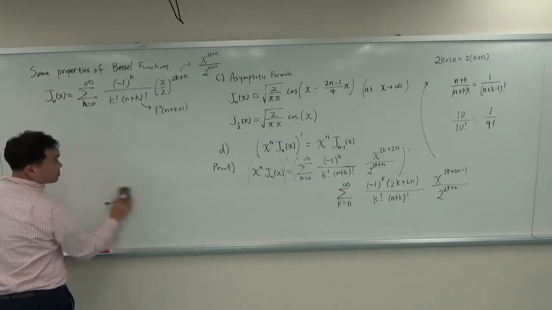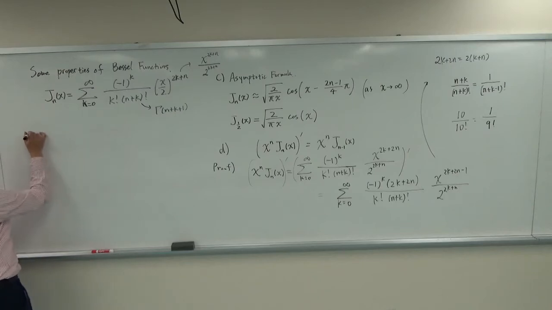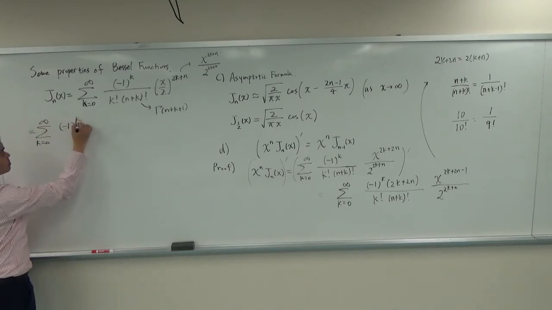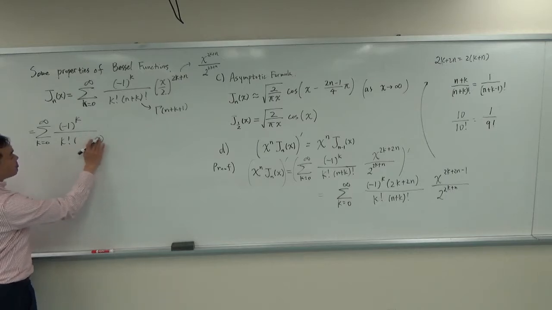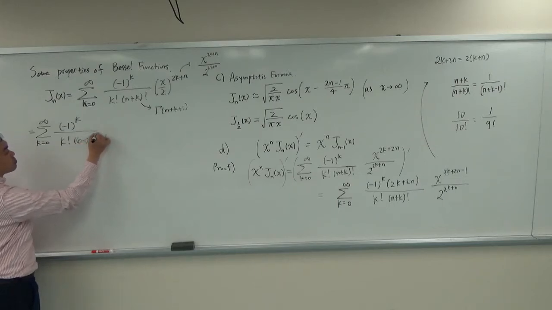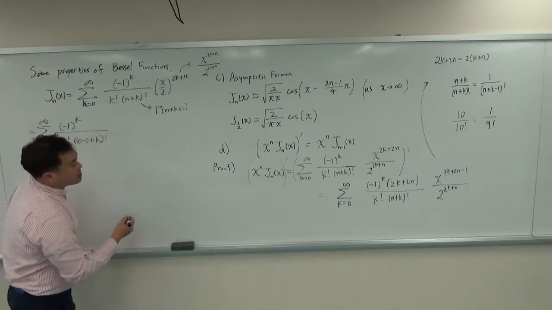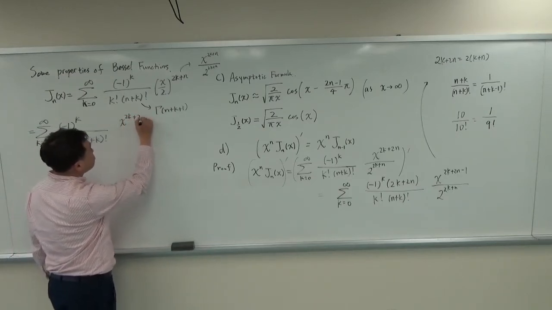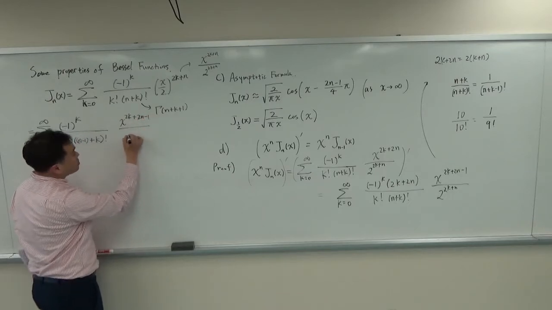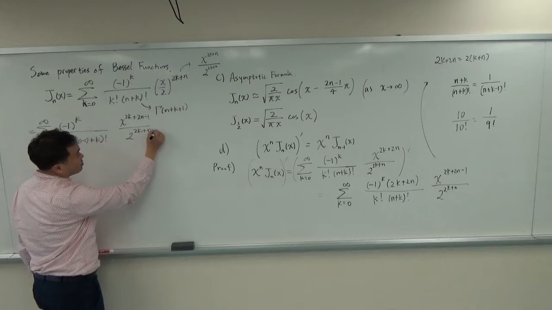So the result is that that summation is the same as the summation of k equals 0 through infinity of negative 1 to the kth power divided by k factorial times n plus k minus 1, or k plus n minus 1, let's write it like that, or n minus 1 plus k factorial, and write it as x to the 2k plus 2n minus 1 over 2 to the 2k plus n minus 1.